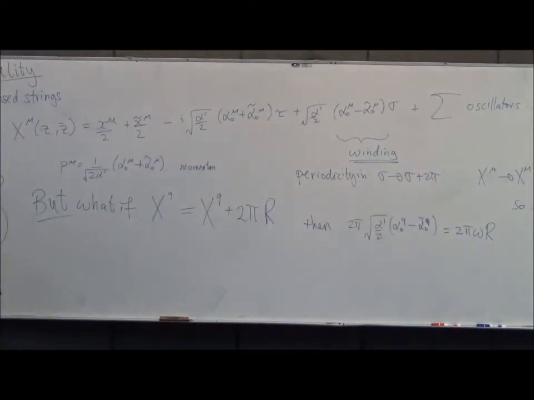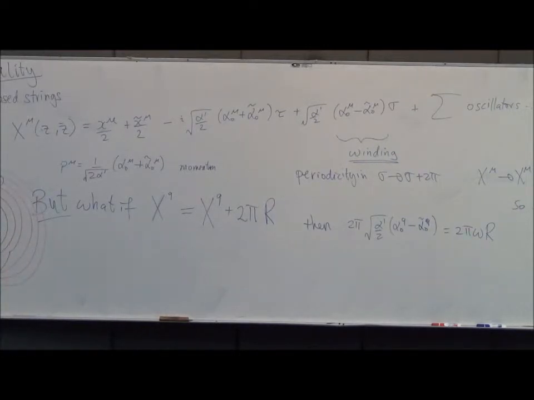It really is. There's the string. I'm going to draw the string as red now. I know they've been black before, but let's make them red. So here I could have the string wind around the x9 direction. That would be winding 1. But actually, I can have it wind some integer number of times around that direction. That's not the most helpful diagram, I hope you agree.